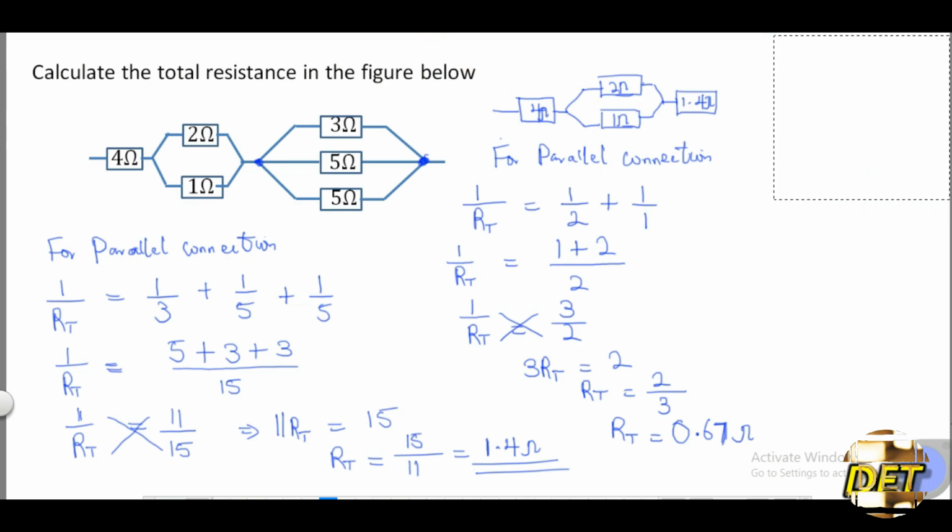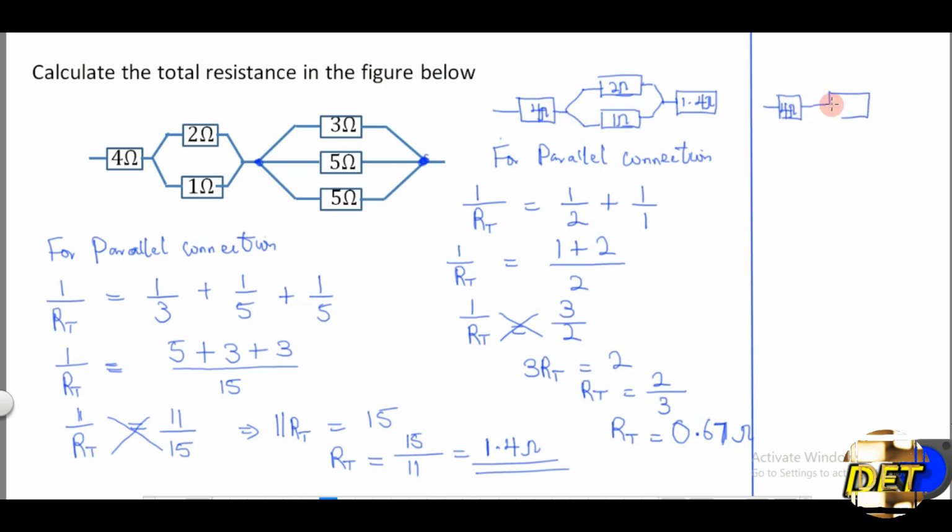So what do I have in essence? I have a connection that now looks like this. This is 4 ohms, which is this 4 ohms.